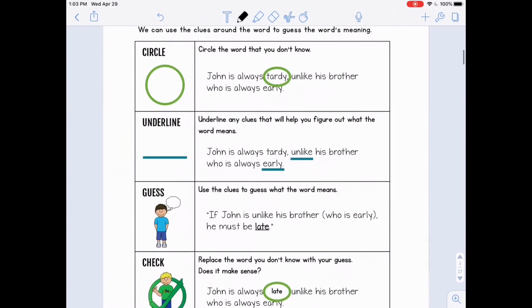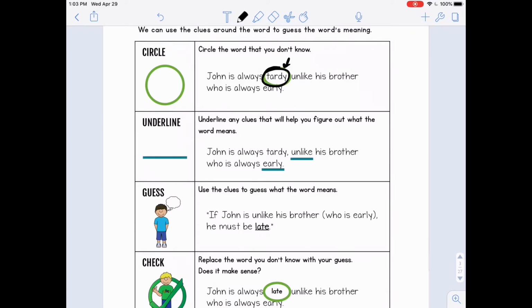If you're reading, something that can be really helpful is circling words that you might be unfamiliar with. This sentence here: John is always tardy, unlike his brother, who is always early. If the word is tardy and we don't quite know what that means, we can circle that and then we can underline other words that give us clues.